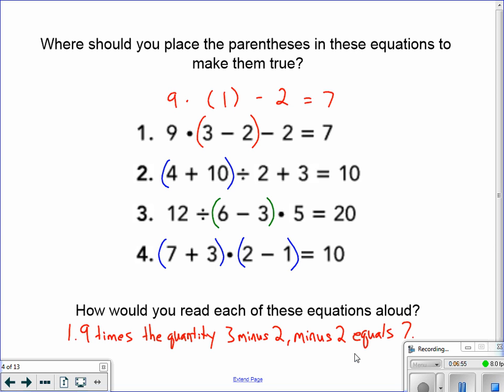And then the last one, number 4, we would read that as 7 plus 3 times the quantity, 2 minus 1, equals 10. Again, wherever there are parentheses, you would use the word quantity so that people know that you're using parentheses around that operation.